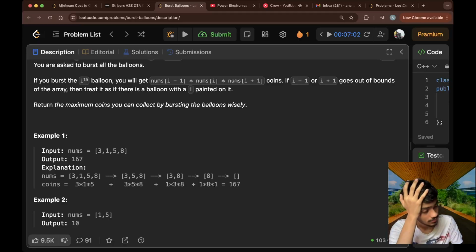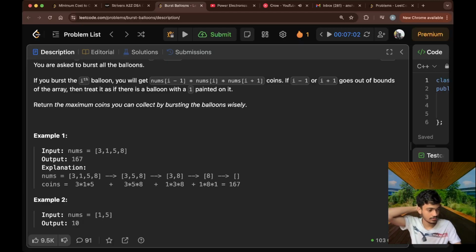Wait, sorry, that will not come because there is only 1. Yeah, this is i and this is j. Let's say j. So minus 1 is 1 and plus 1 is 1.